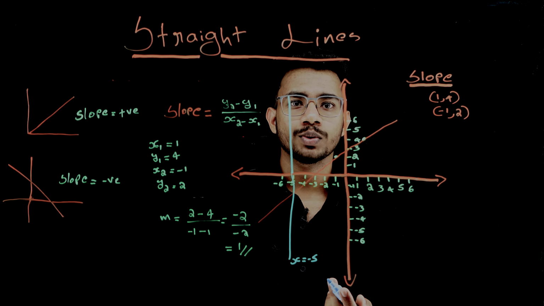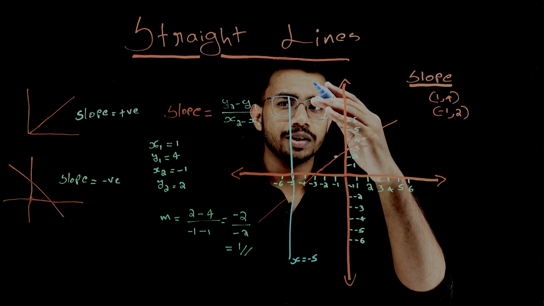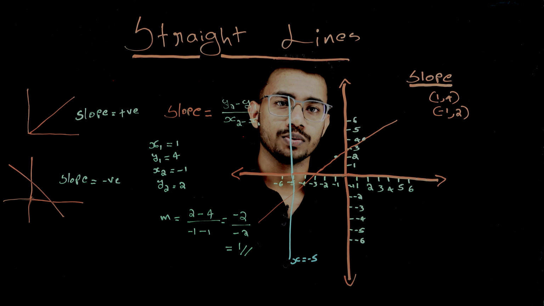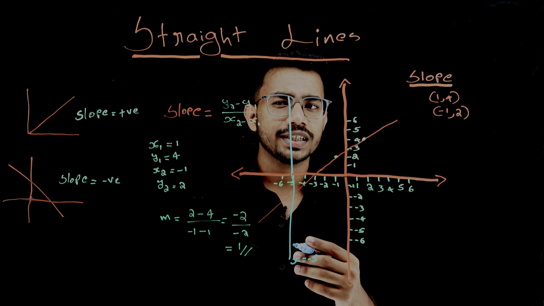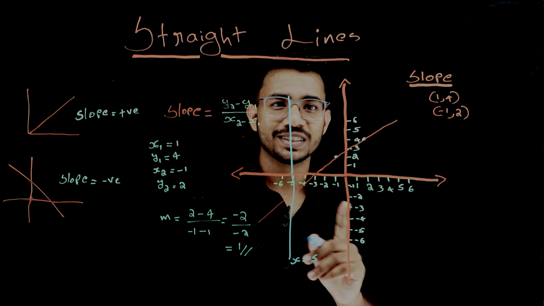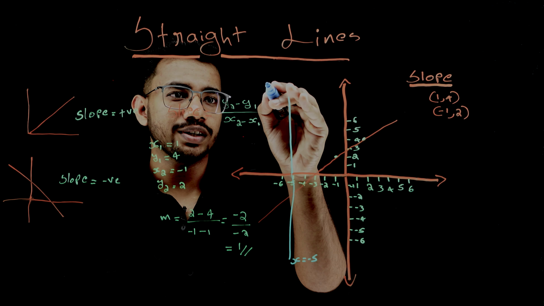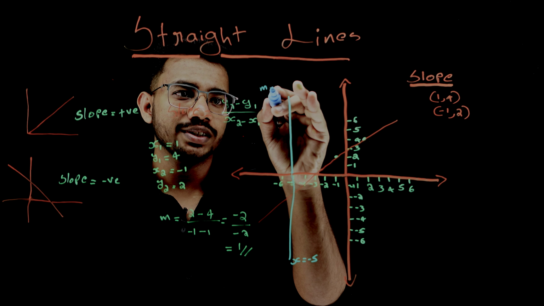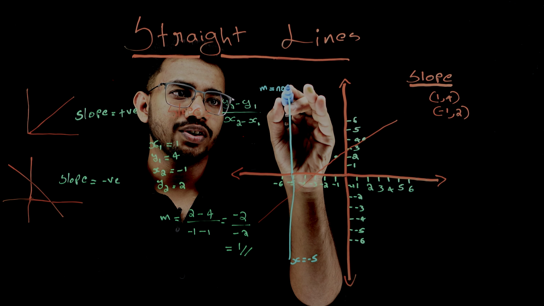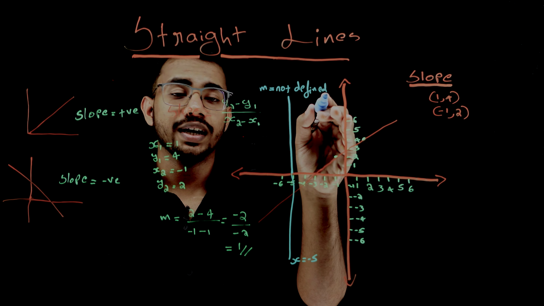So whatever is in the numerator, it's going to be some number divided by 0. And what is the answer when the denominator is 0? Don't tell me it's 0, because it's not. That value is not defined. So here m is not defined. I hope that idea is clear.